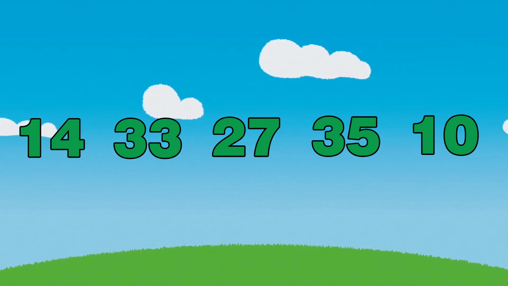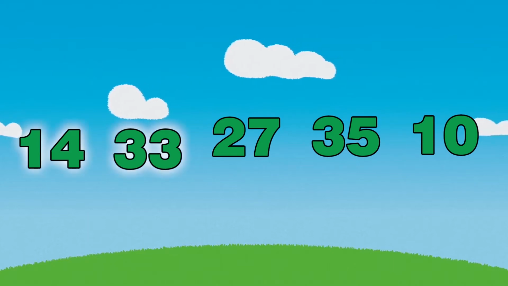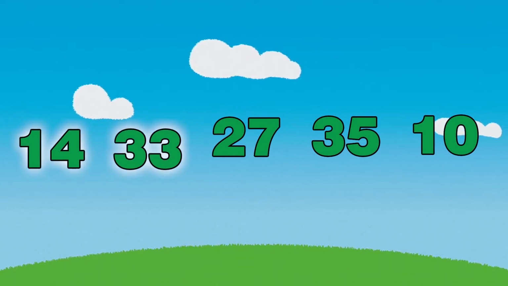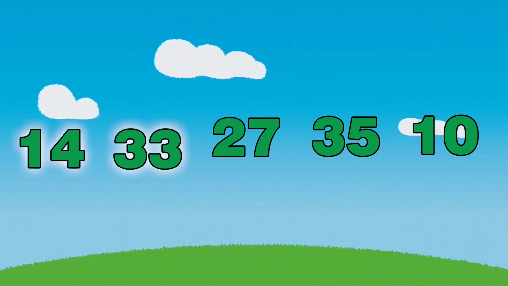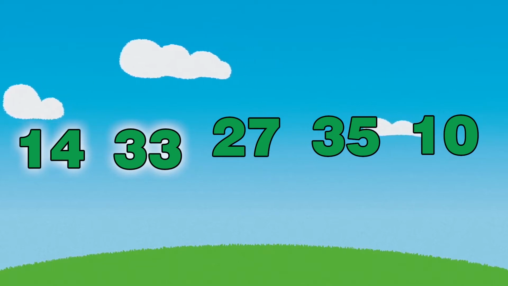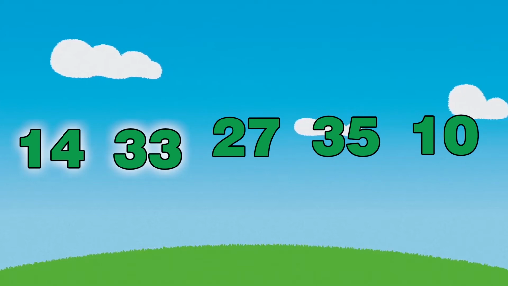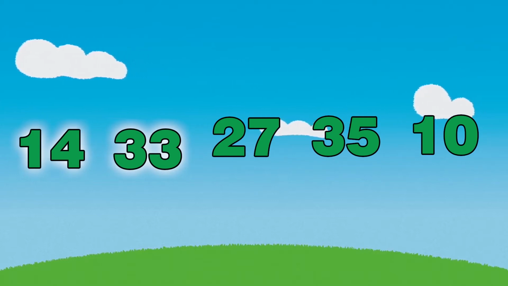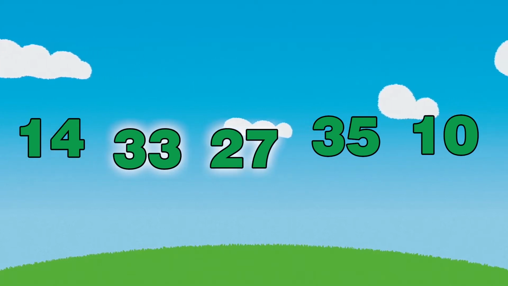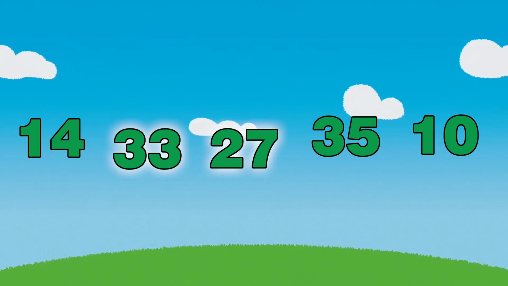Bubble sort starts with the very first two elements, comparing them to check which one is greater. In this case, value 33 is greater than 14, so it is already in sorted locations. Next, we compare 33 with 27.